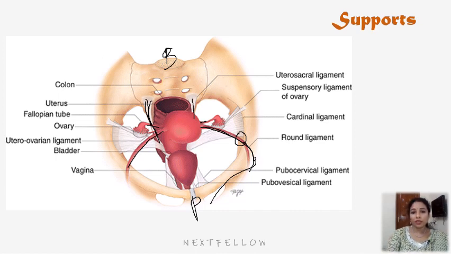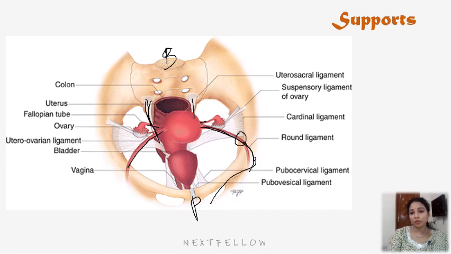And rectouterine or sacrouterine ligaments hold the cervix in a back and upward position, and sometimes elevate a shelf-like fold of peritoneum called the rectouterine fold, which passes from the isthmus of the uterus to the posterior wall of the pelvis lateral to the rectum. It corresponds to the sacrogenital or rectoprostatic fold in males.